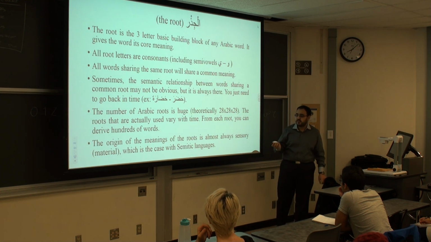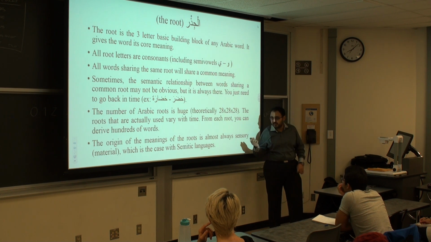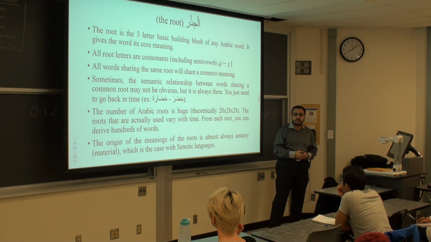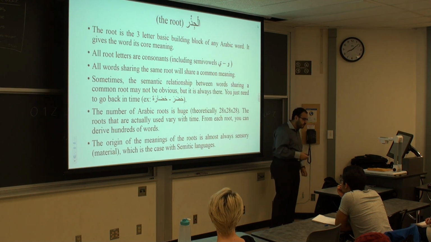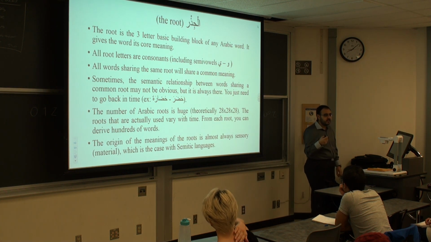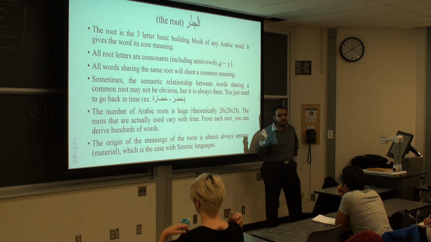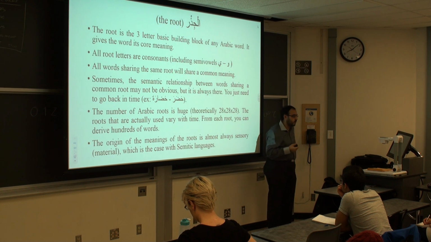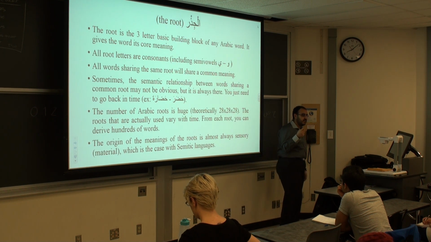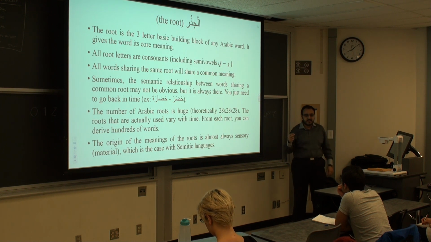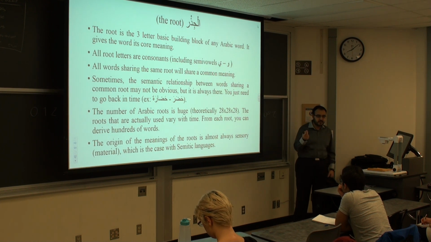The origin of the meanings of the roots is almost always sensory or material, which is the case with Semitic languages in general. So, for instance, the word adl, which currently is used to indicate fairness or justice, has a root, ayn, dal, lam, that has nothing to do with the concept of fairness or justice itself.